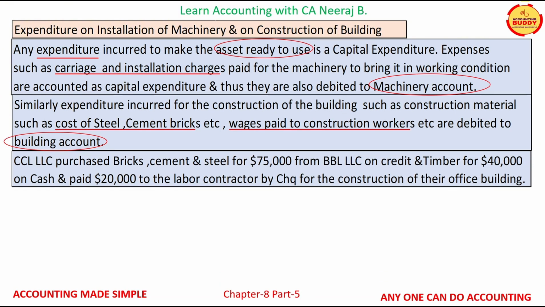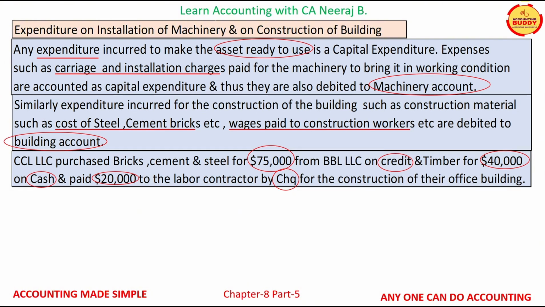CCL LLC purchased bricks, cement and steel for $75,000 from BBL LLC on credit and timber for $40,000 on cash and paid $20,000 to labor contractor by check for the construction of their office building.